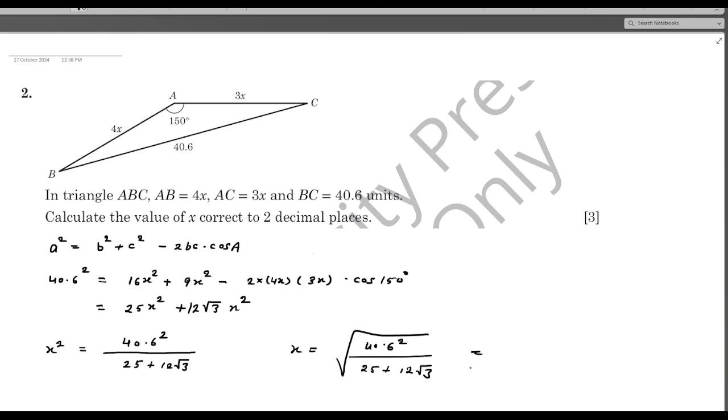Whatever answer we get, we will take the square root of that, and that is 6. So the value of x is 6 units. Now the next problem.